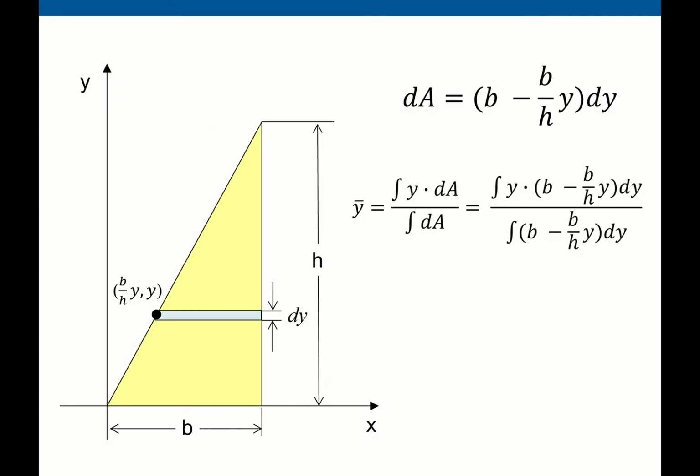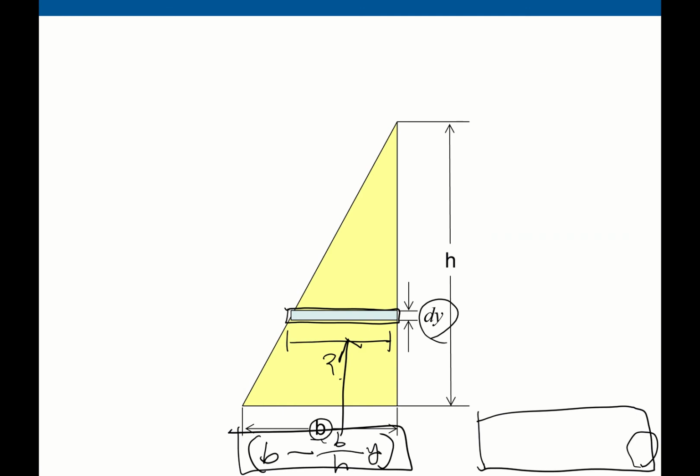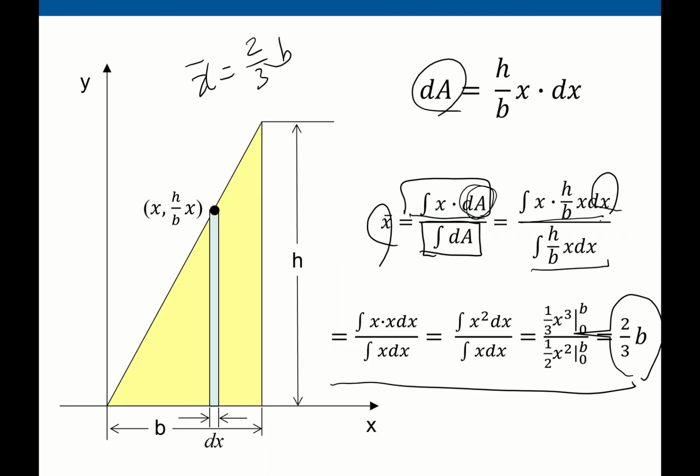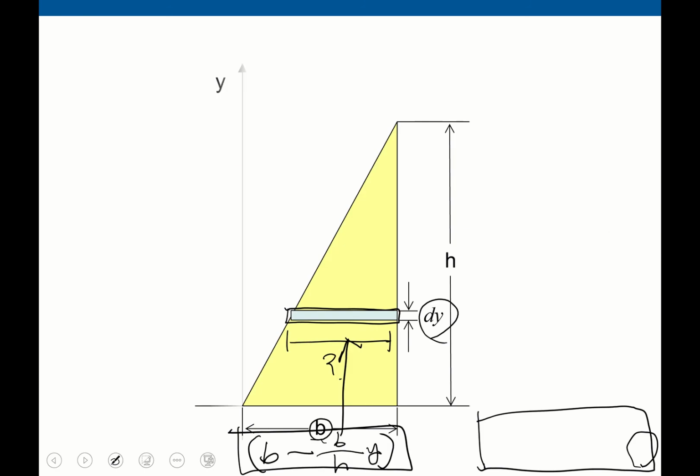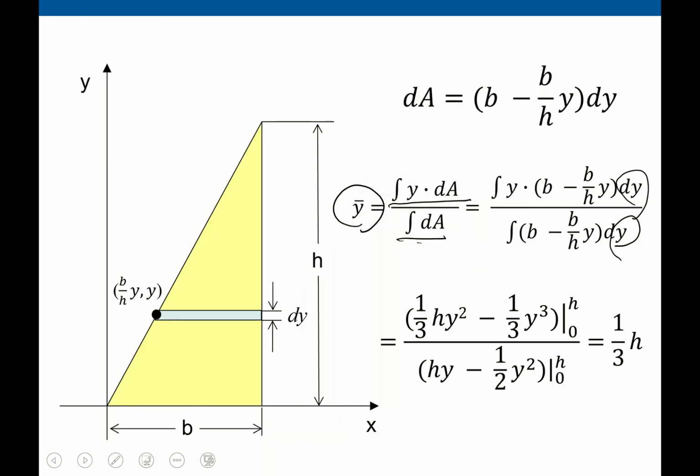Now we are going to use dA with this horizontal bar. y bar is equal to the integral of y times dA over the integral of dA. So we are going to solve this with dy, which is different compared to the previous one with dx.